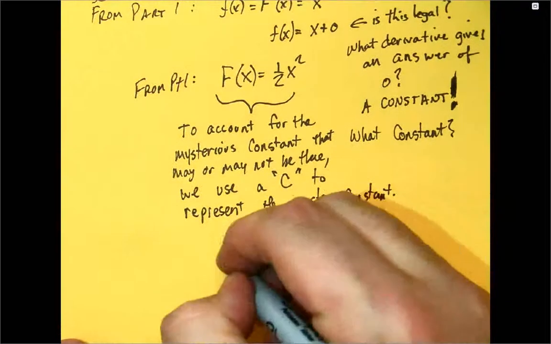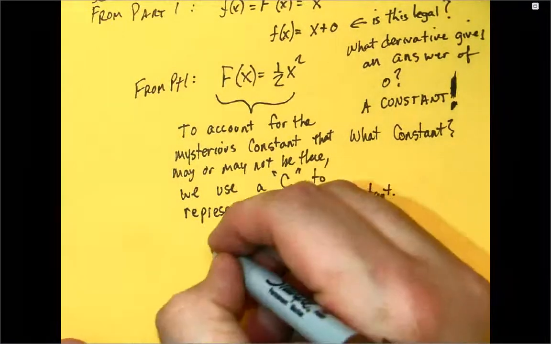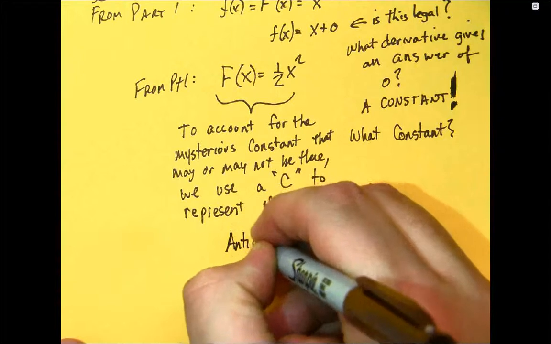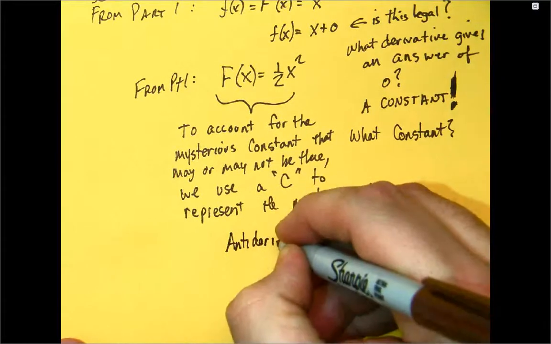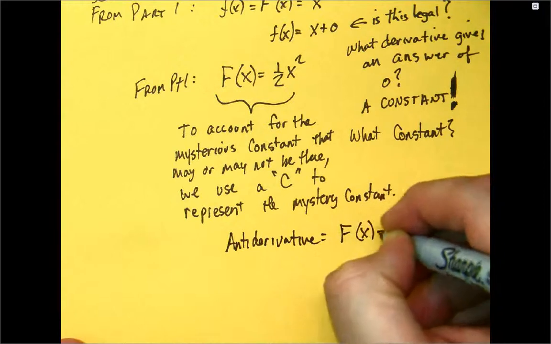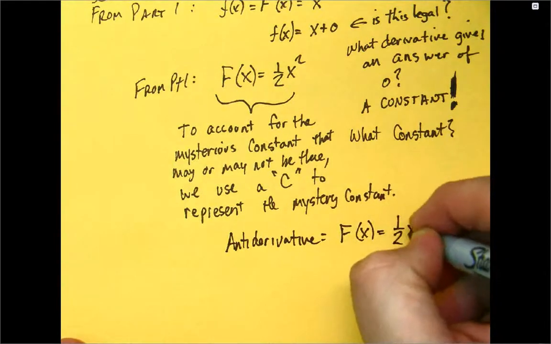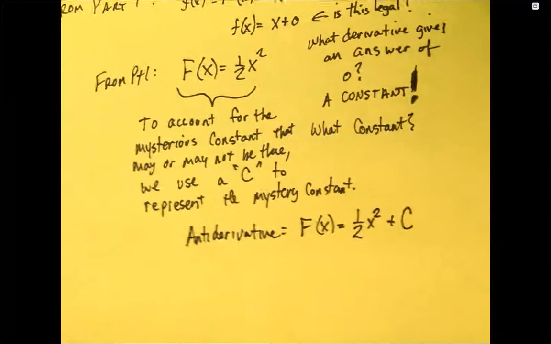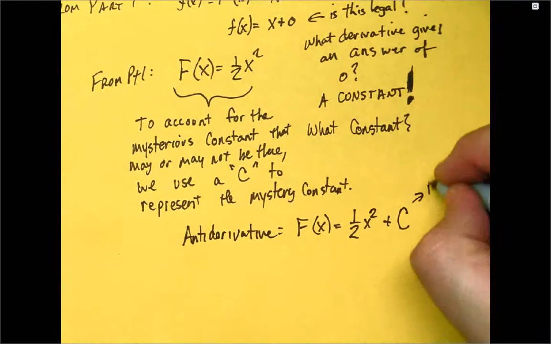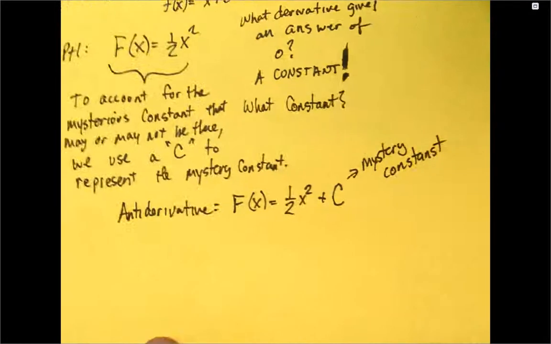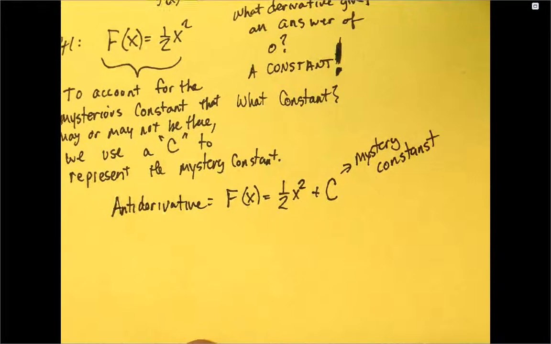And whenever you take an antiderivative, that's your big F of x, that's equal to 1/2 x squared plus some strange old constant. And this is the mystery constant. Can we figure out what that constant is? Absolutely.